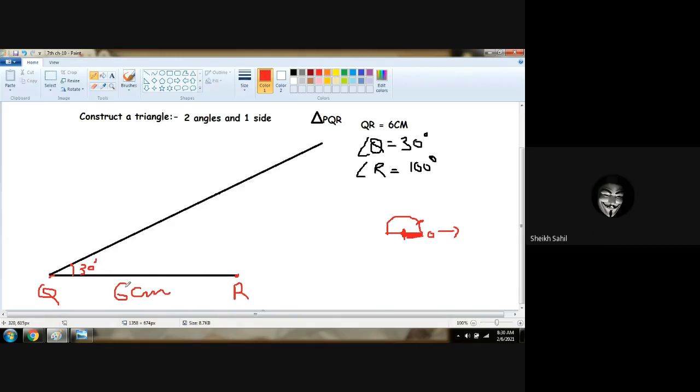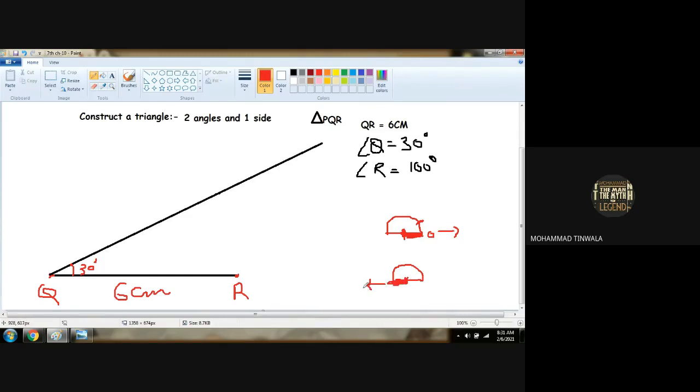Yes. Now using the same protector, this part we will place at point R. Then we will measure this side. Why? Because baseline is this way, in this direction.